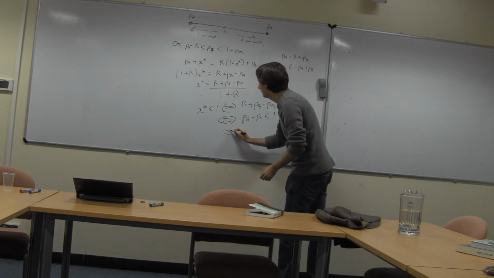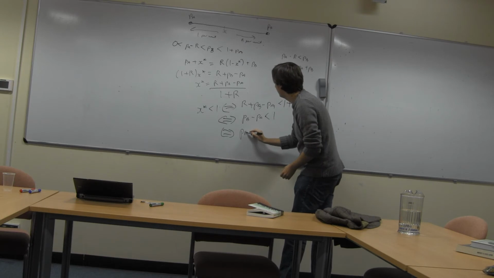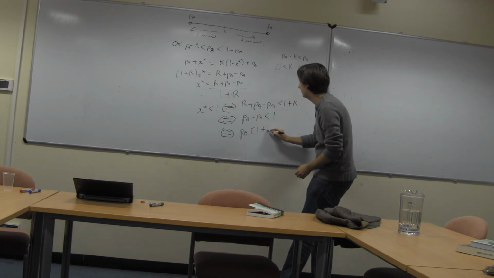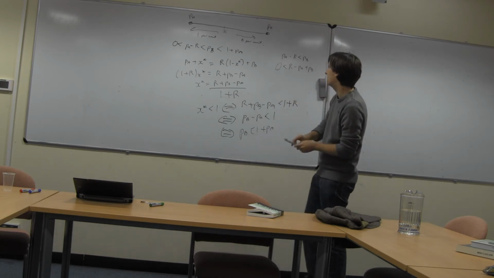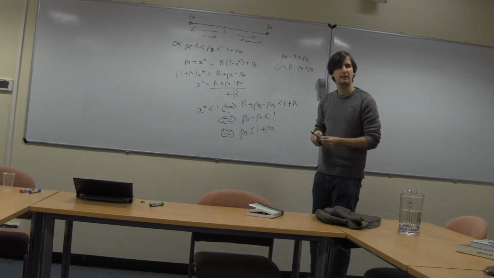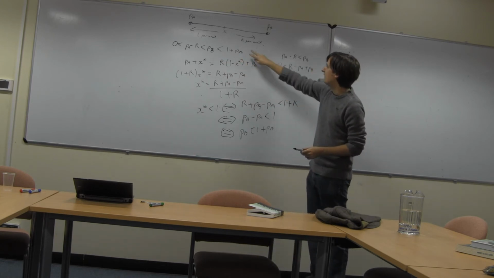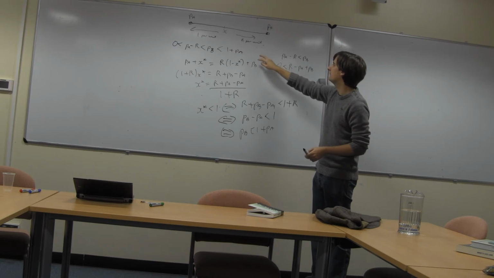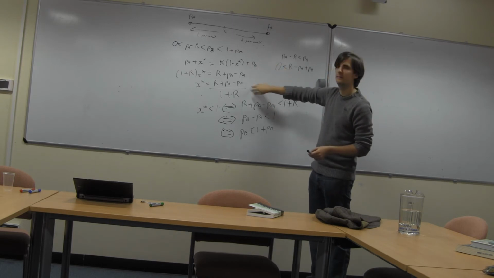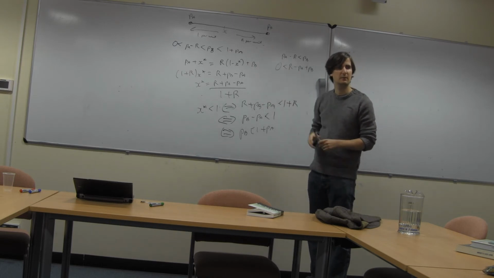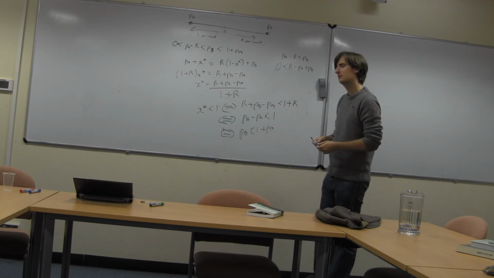And this is true if and only if PB is less than 1 plus PA. But we're told that PB is less than 1 plus PA. So their assumption has just told us that X star is between 0 and 1. That's all their assumption is telling us. Does that make sense?